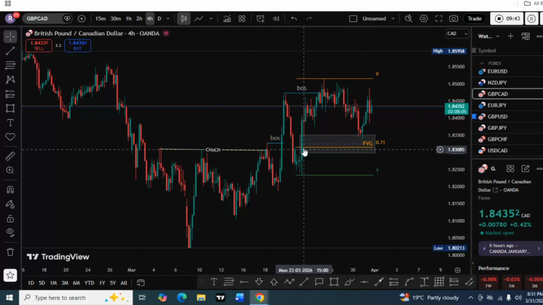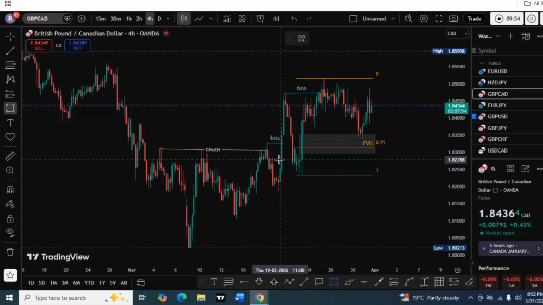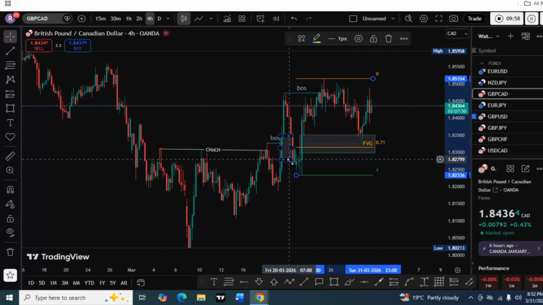As the market broke structure, it changed structure just right here, and then broke structure. We just mark with Fibonacci 2, and then we see where is the discounted level. But here the market just hit the 61% level, which is again the discounted level.